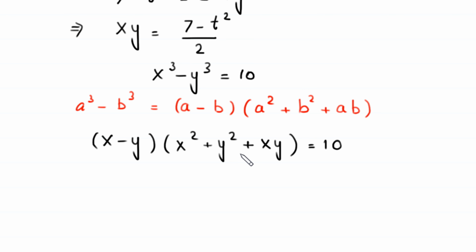Now in this equation we replace this x minus y and this x squared plus y squared.